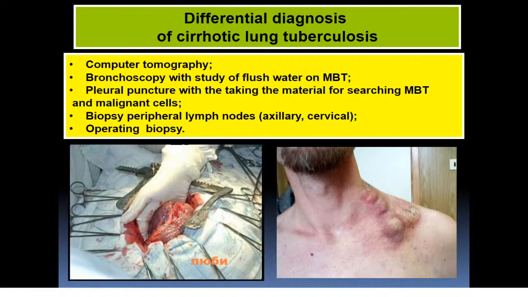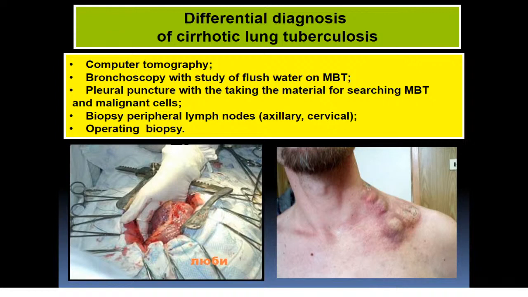And for differential diagnosis of cirrhotic lung tuberculosis with other diseases in the lungs, for confirmation of diagnosis, we should use different methods of examination. This is computer tomography, and bronchoscopy with study of flush water for Mycobacterium tuberculosis.